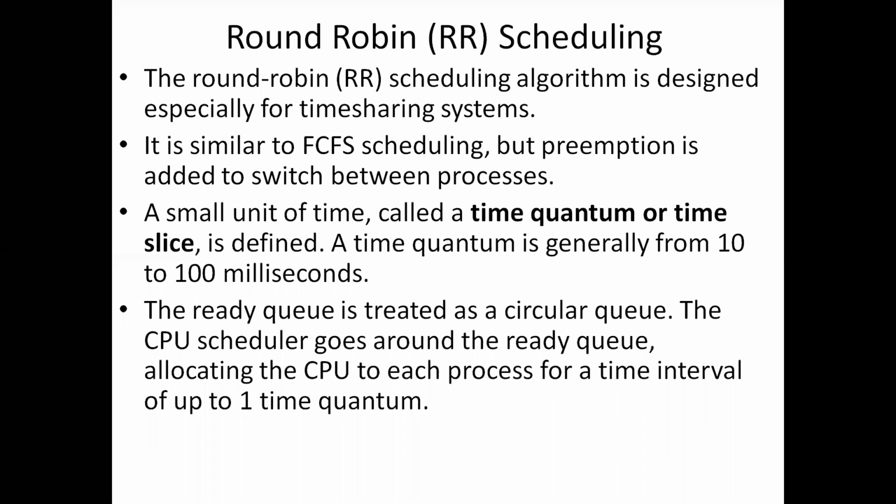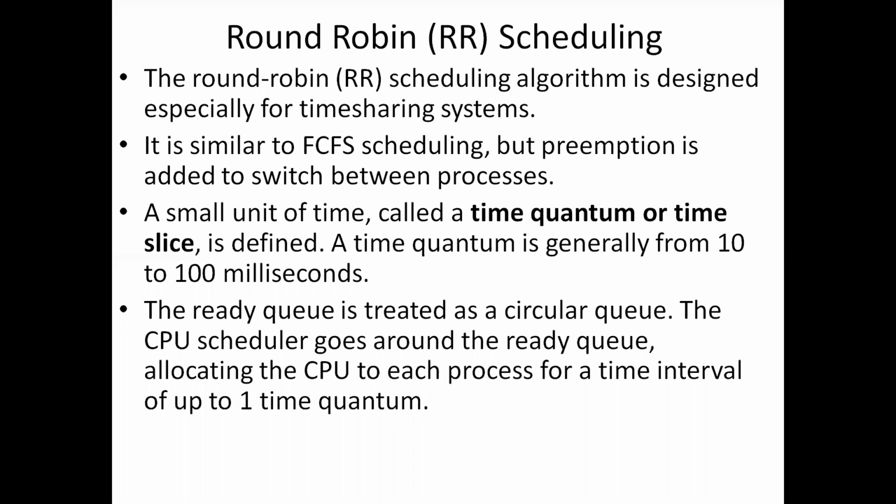Here the ready queue is treated as a circular queue in round robin scheduling. Why do we use circular queues here? Because all the processes in the ready queue will be executed by the CPU for some time quantum, whatever time slice we define.